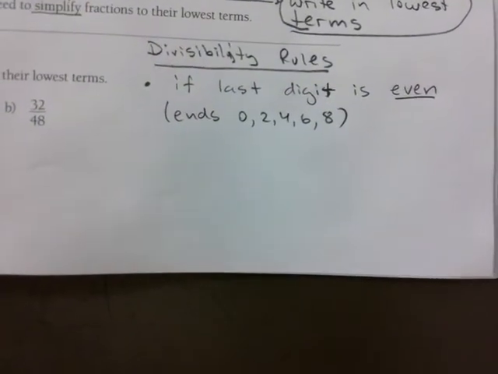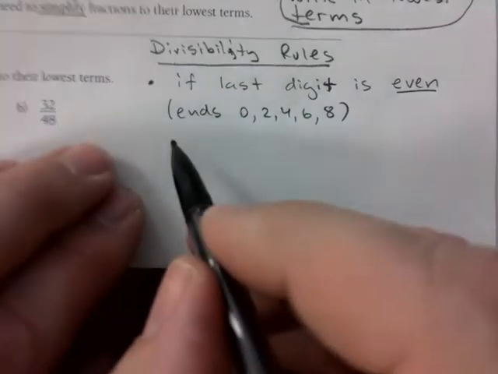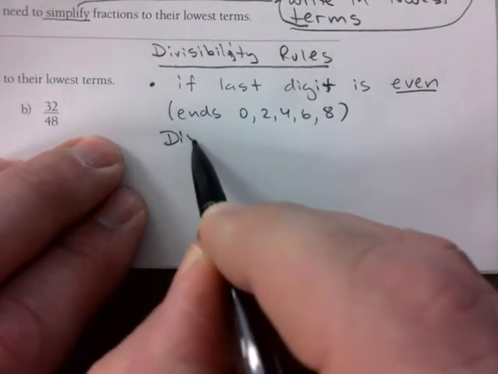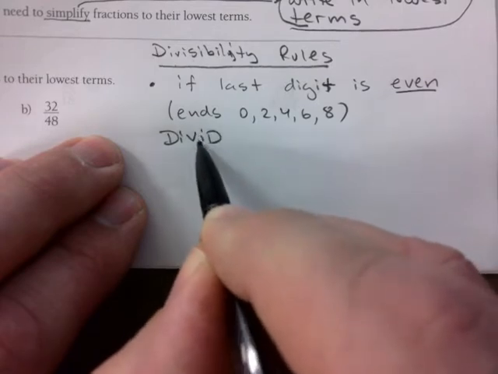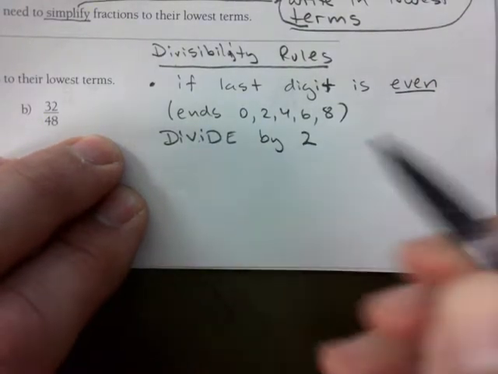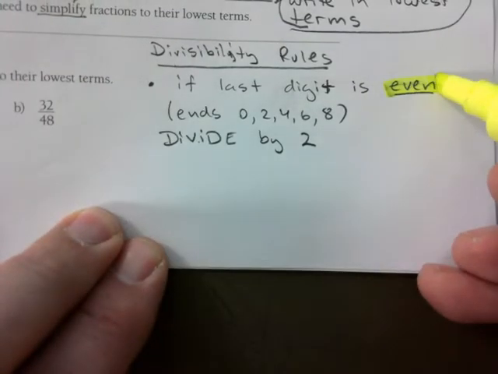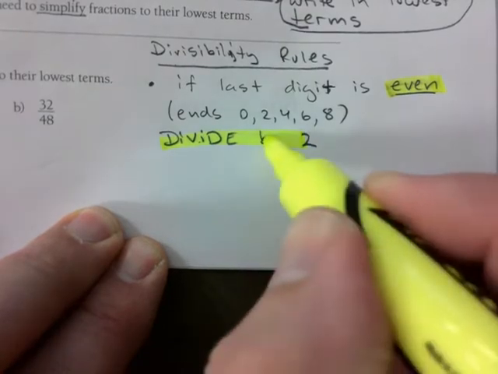Let me zoom into that. Okay. If the last digit is even, we divide by 2. Okay. So I'm going to highlight that. Even, divide by 2.